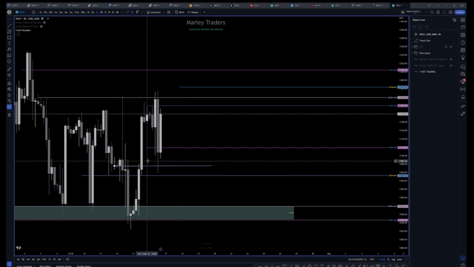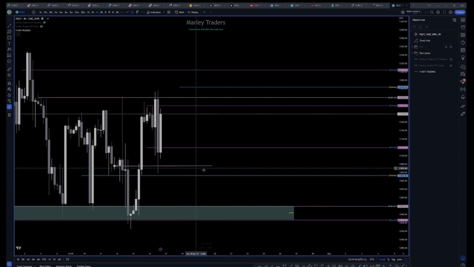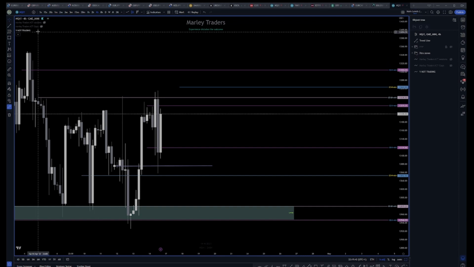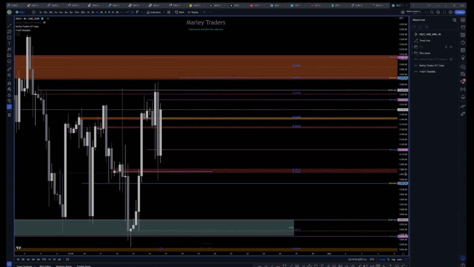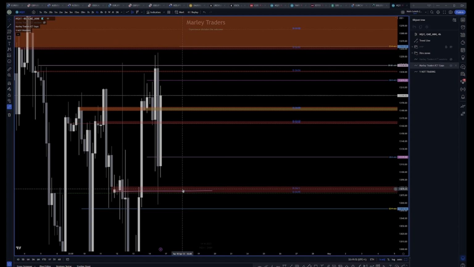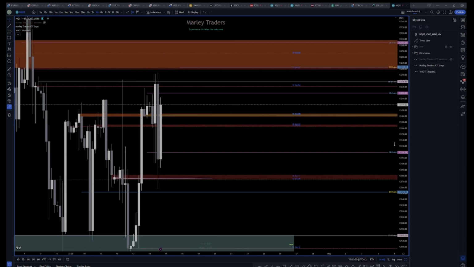Here is, ta-da, what do you see? Right into our gap. So it has other confluences in here that allowed us to take a trade from this place.